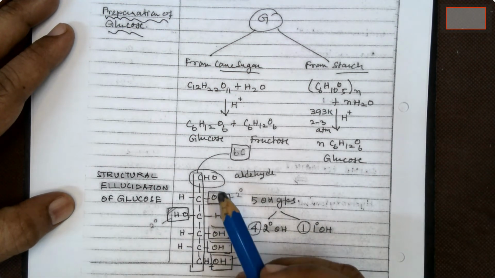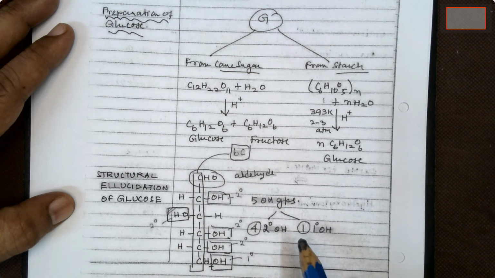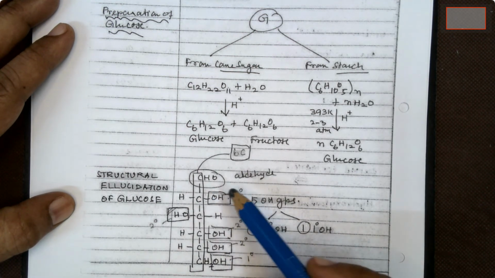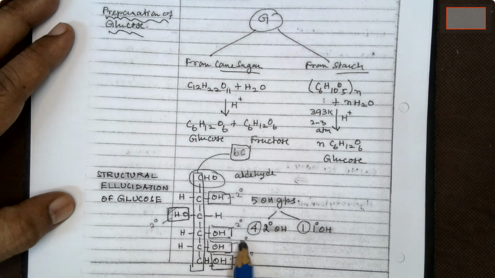Now let us discuss the structural elucidation of glucose. This is the structure of glucose: CHO, CHOH, CHOH, CHOH, CHOH, and finally CH2OH. Here you have one primary alcohol, that is CH2OH.